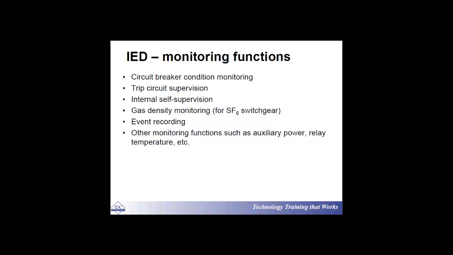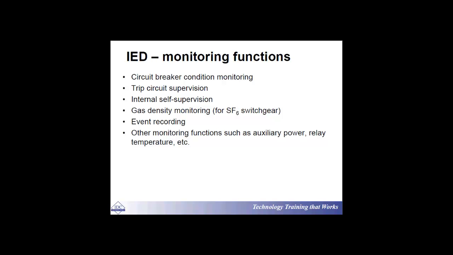Sometimes you are checking, if you have got an SF6 switchgear, SF6 circuit breaker, for example, the level, the density of that SF6, because if it drops down, the SF6 will lose its physical and chemical properties.